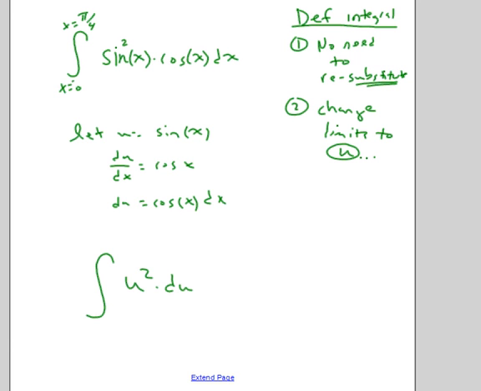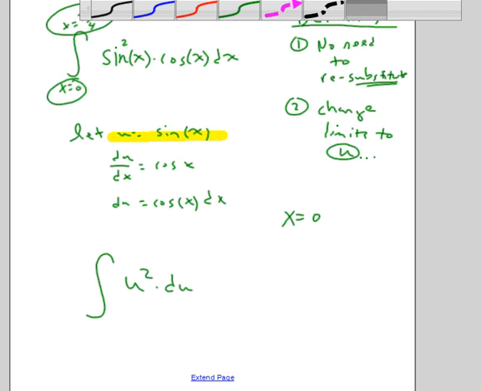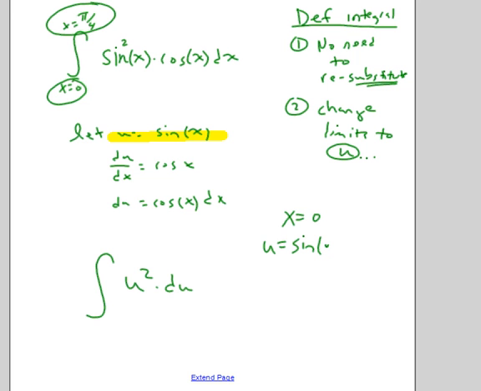But now let's also change our limits. So when x equals 0, going to my definition of u, u equals sine of 0, which is 0. And when x equals pi over 4, u equals sine of pi over 4, which is root 2 over 2.